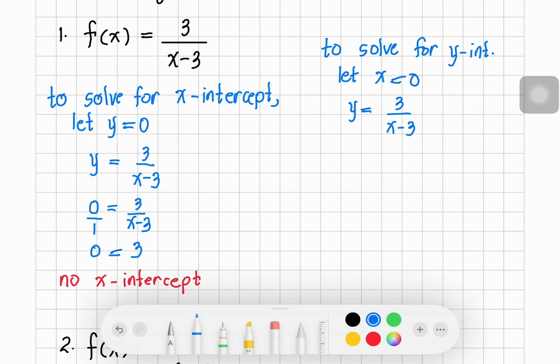This means, guys, our variable x will become 0. So y now is equal to 3 over 0 minus 3. So y is equal to 3 over negative 3. And then we can still simplify 3 over negative 3. This is now equal to negative 1.